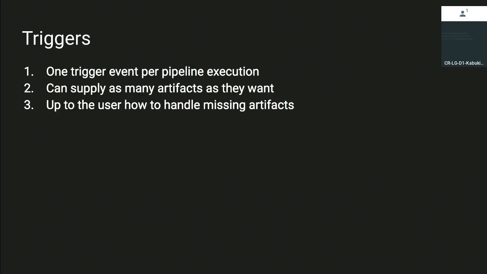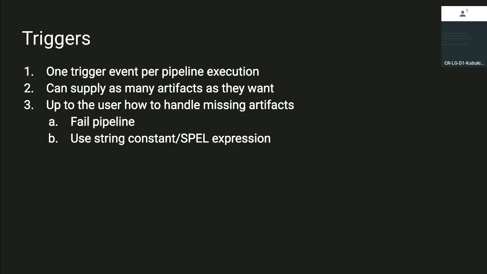And on top of that, the user has to be able to specify how to handle artifacts that don't arrive in a trigger. So for example, the most obvious way to handle that would be to fail the pipeline. You could also say, use some sort of a string constant or a Spring expression language expression to resolve what the artifact should be. Or finally, and probably most useful, is you should be able to use a prior execution from this pipeline or another, use that artifact in its place.